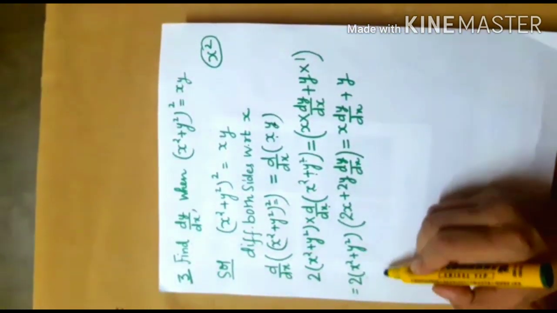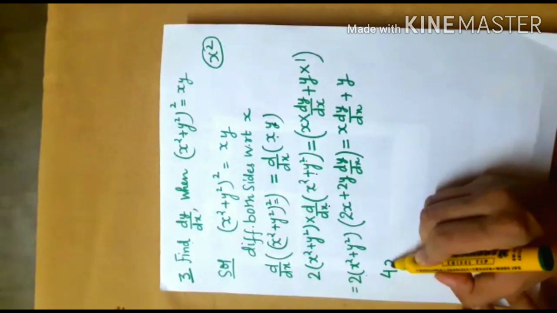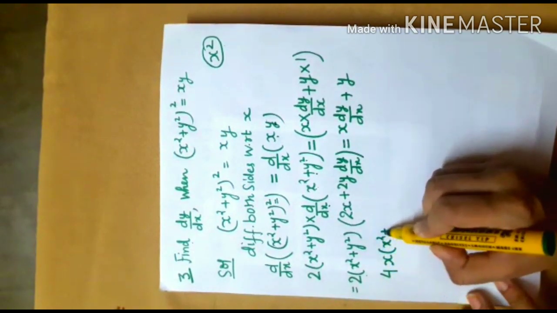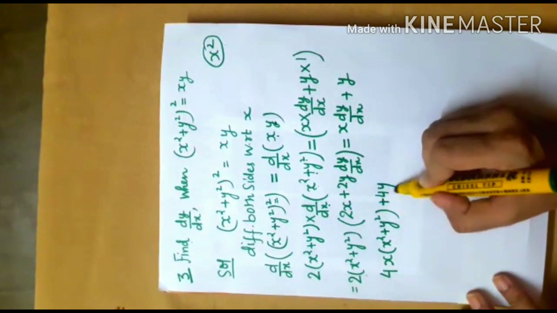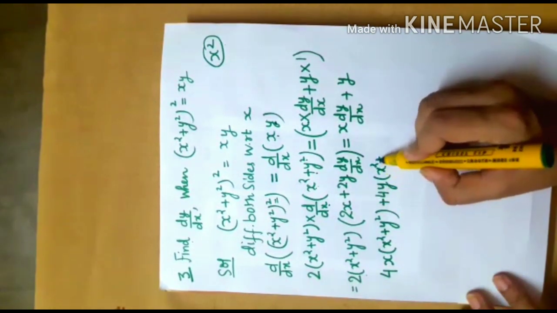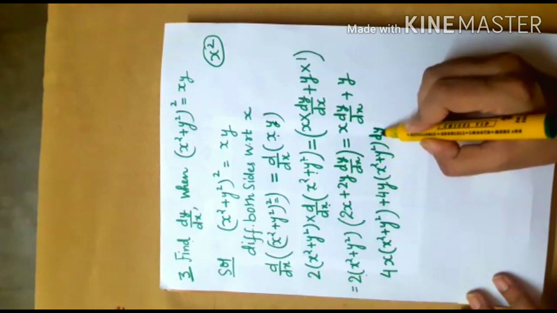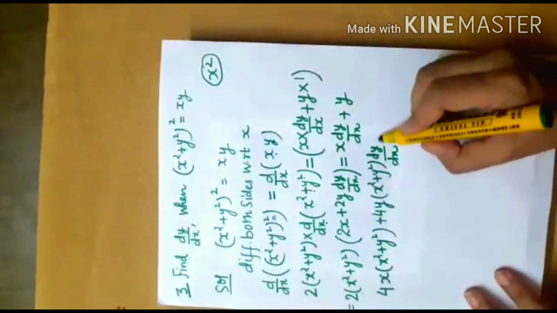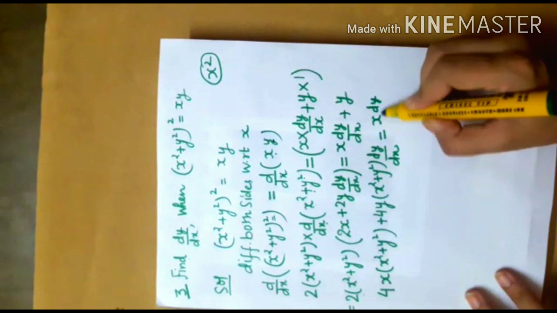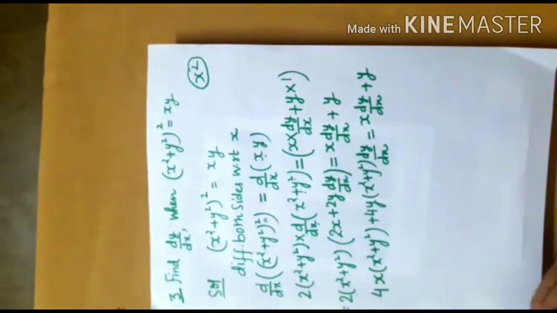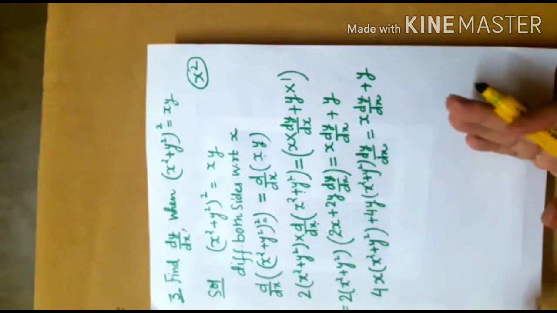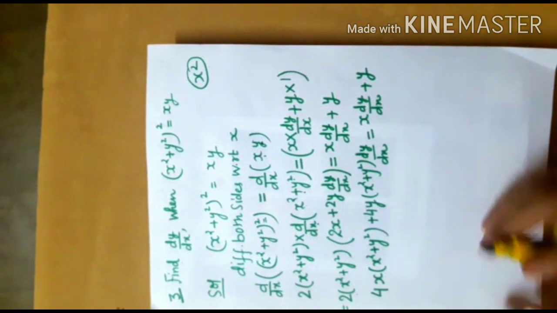Yes, open this bracket. I'll be getting 4x (x square plus y square) plus 4y (x square plus y square) dy by dx equals x dy by dx plus y. Now take all the terms which contain dy by dx to one side.